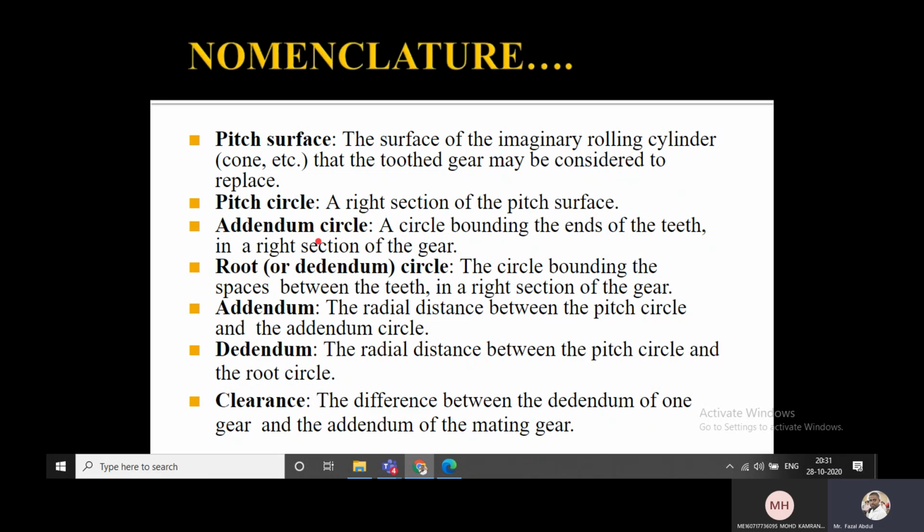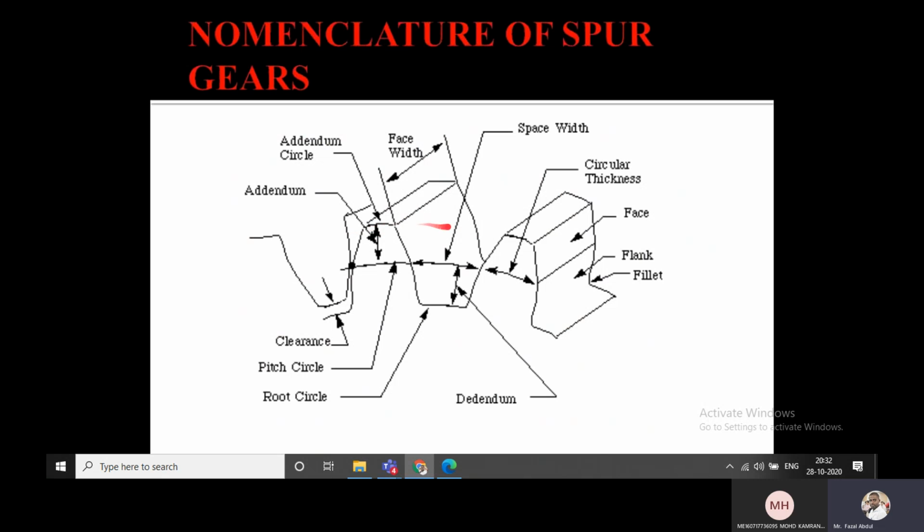From the pitch circle only we are going to generate the teeth. How many teeth or what is the size of the gear, all these things depend on the pitch circle. Addendum circle is a circle bounding the end of the teeth.